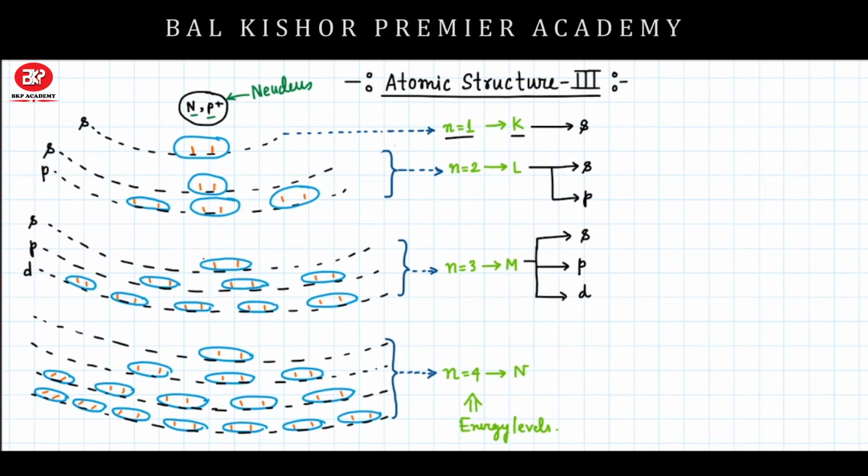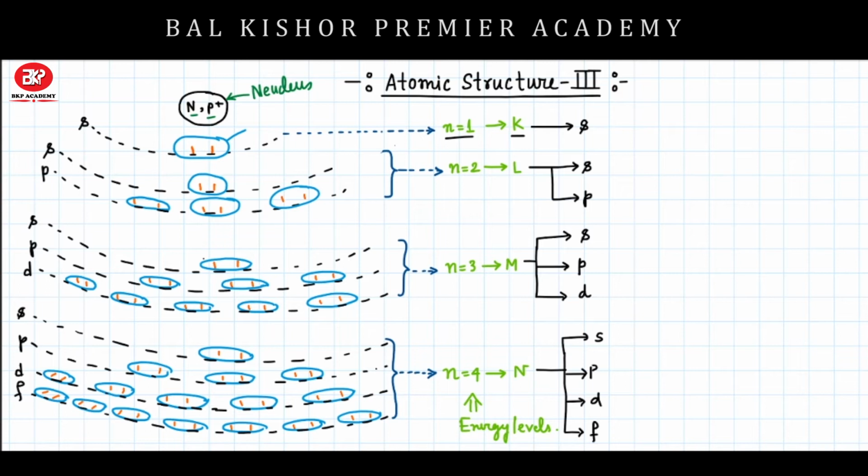For the capital N energy level, we have s, p, d, f subshells. So these are the subshells of different energy levels.